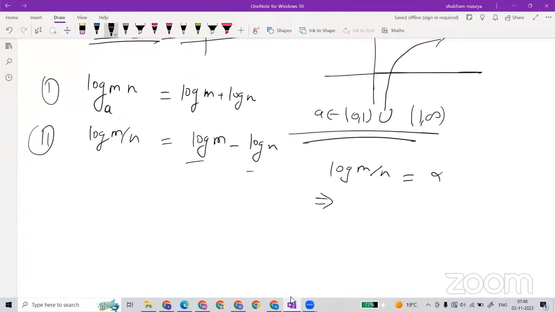Now this can be changed into this form. So a power alpha is going to be m by n. Then what can we do now? How can we prove it here?